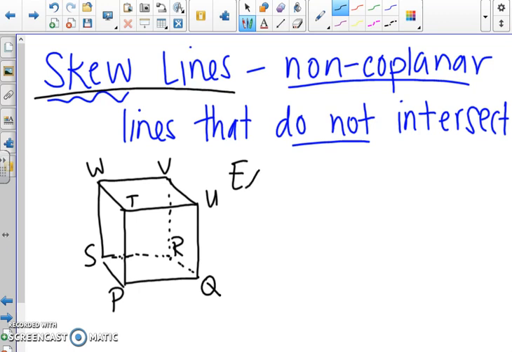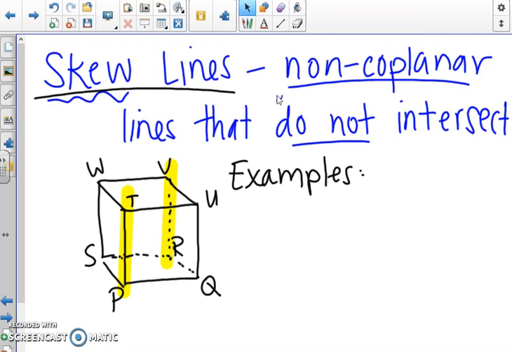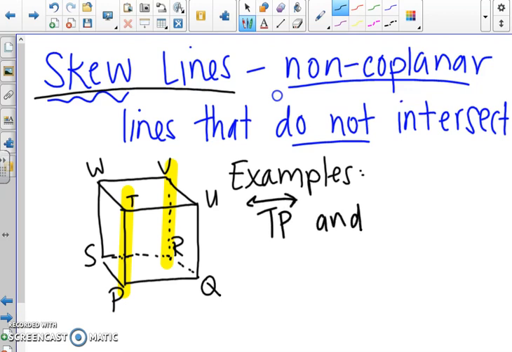So here's some examples. Lines that are not on the same plane and they do not intersect. So let's see. How about line TP and line VR? Those are not on the same plane and they don't intersect.